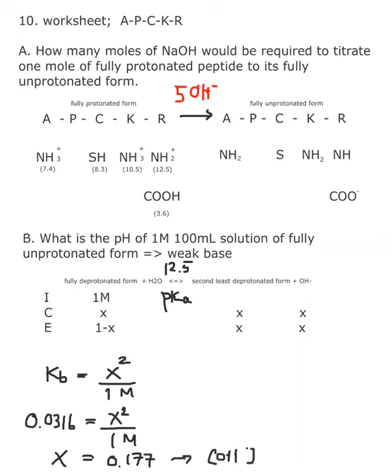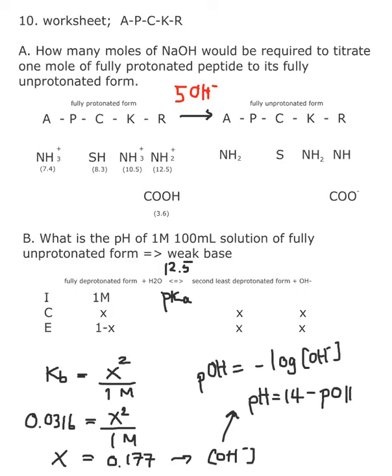So you calculate pOH equals minus log of the hydroxide concentration, and then calculate the pH using 14 minus pOH. The answer for this question is that your pH would be 13.25.